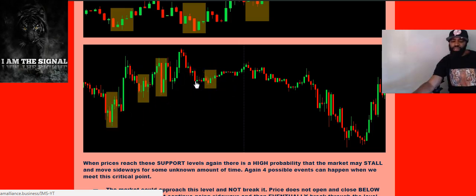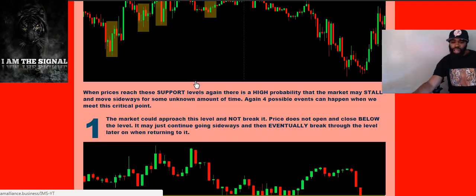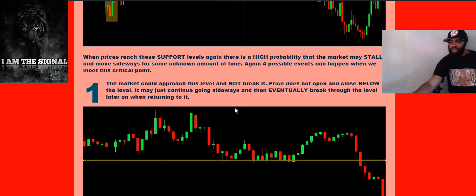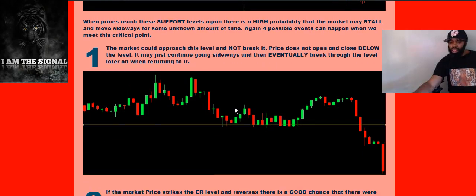Very fascinating stuff. Okay, so when prices reach these support levels again, there's a high probability that the market may stall and move sideways for some unknown amount of time. And again, we're talking about 4 possible events that can happen when we meet this critical point. The market could approach the level and not break it.